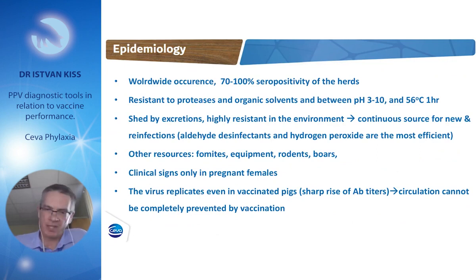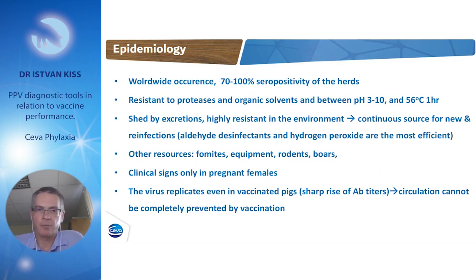Very important, as I mentioned earlier, since it doesn't have an envelope, it is pretty much resistant, a hardy virus, and even resistant to quite extreme pH ranges and to heat. And since it is shed by a large amount of different excretions, it presents a continuous source for reinfections or new infections.